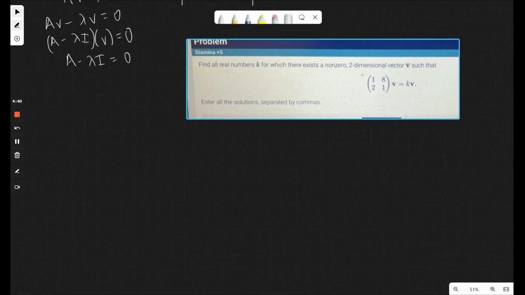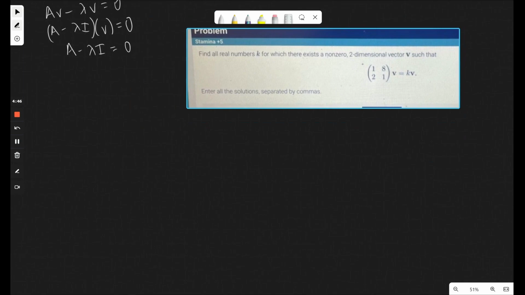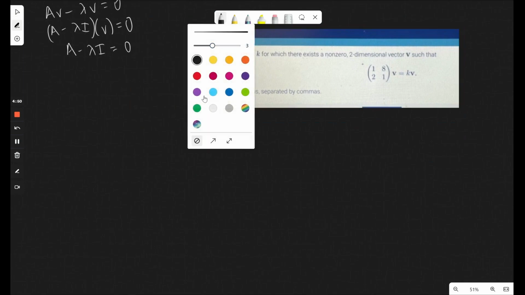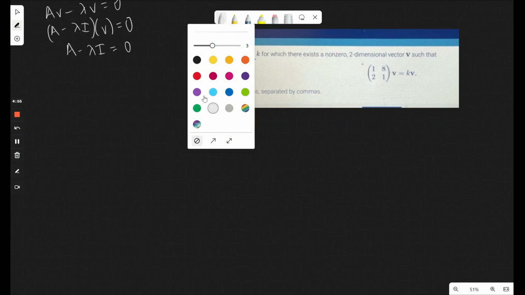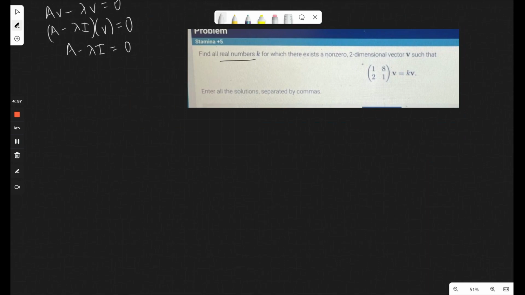So if you recognize, v is just your eigenvector and k is your eigenvalue. So basically all they're asking when they say find all real numbers k is, hey, find the eigenvalues. And I'll show you how to do that.